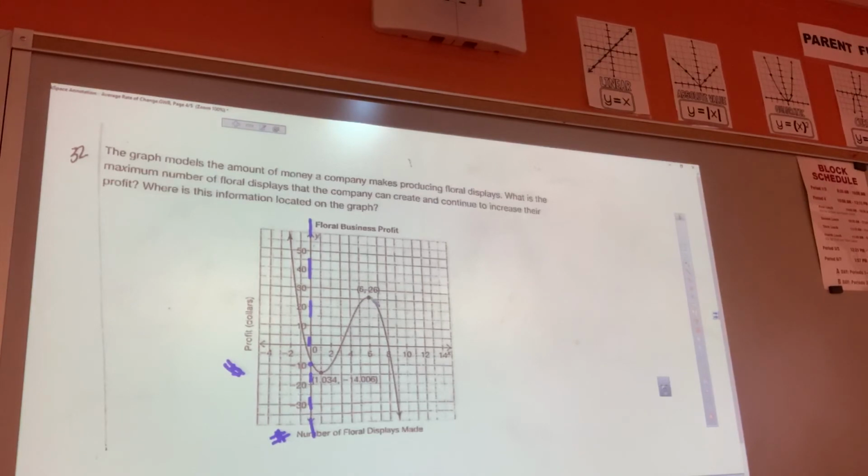And then what happens when we make 6 floral displays? Is that their maximum? It is. So what does that mean? It means that after that point, they start losing money.